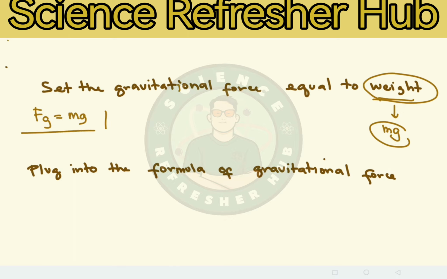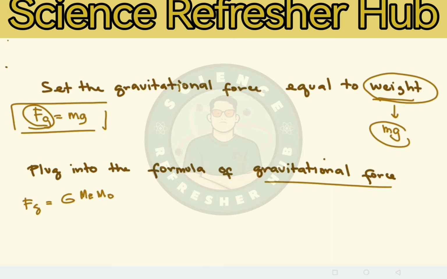In this case, instead of writing Fg in our formula to get the gravitational force, we will use mg here. Fg is equal to the gravitational constant, mass of Earth, and mass of the object.